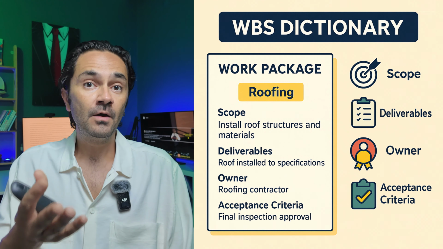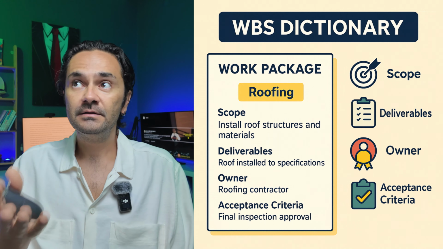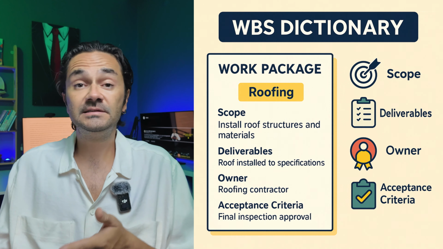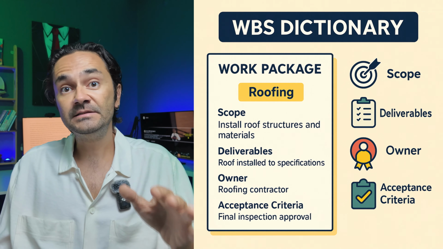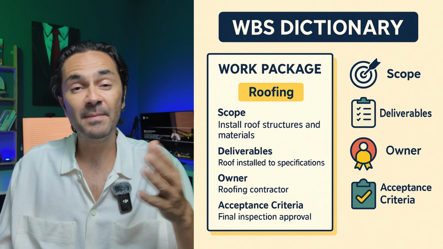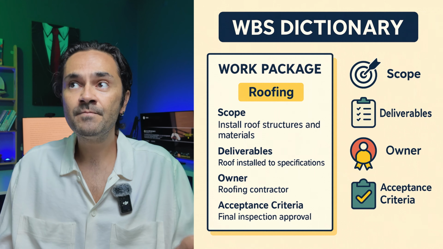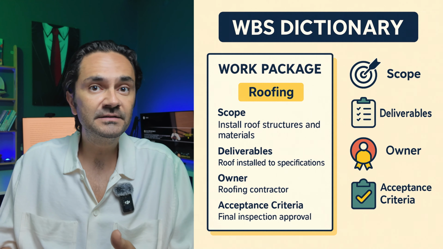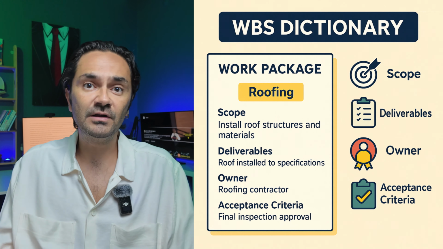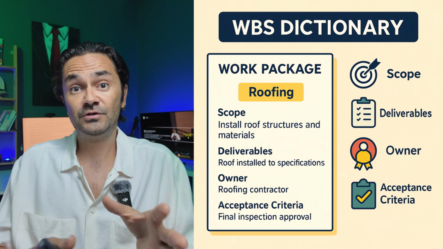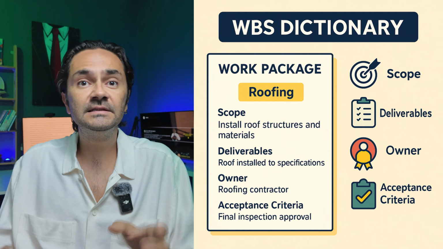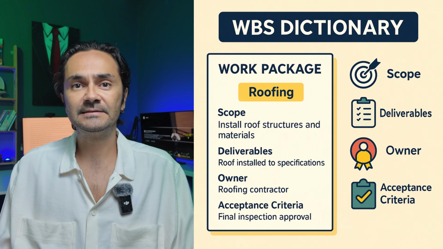For example, for the roofing work package, the WBS dictionary might state that it covers installing all roof structures and materials, that the roofing contractor is responsible, that specific materials and safety standards must be followed, and that it will be accepted only after a final inspection is passed.